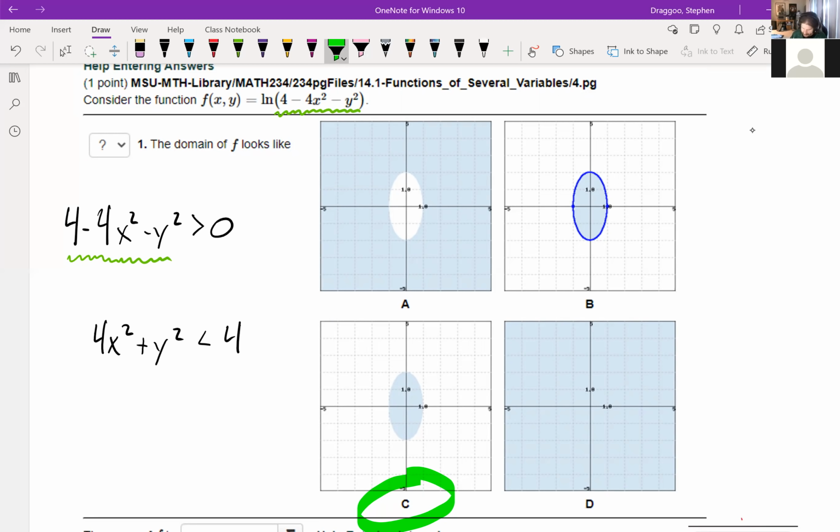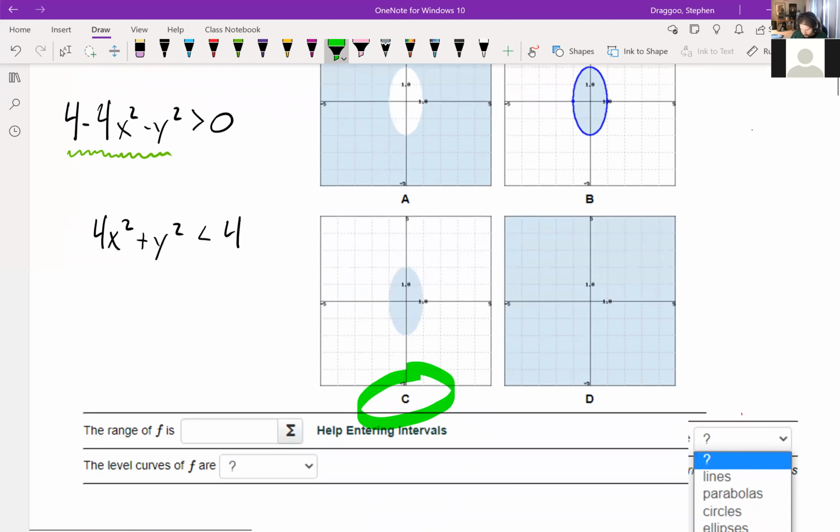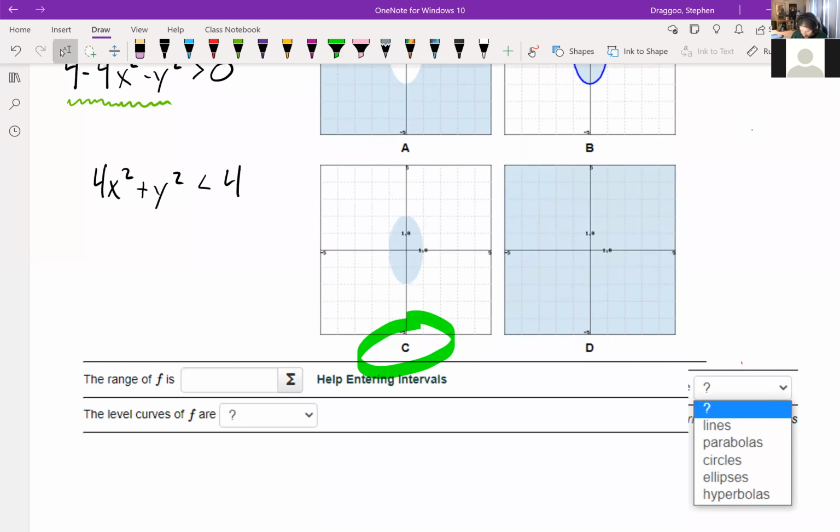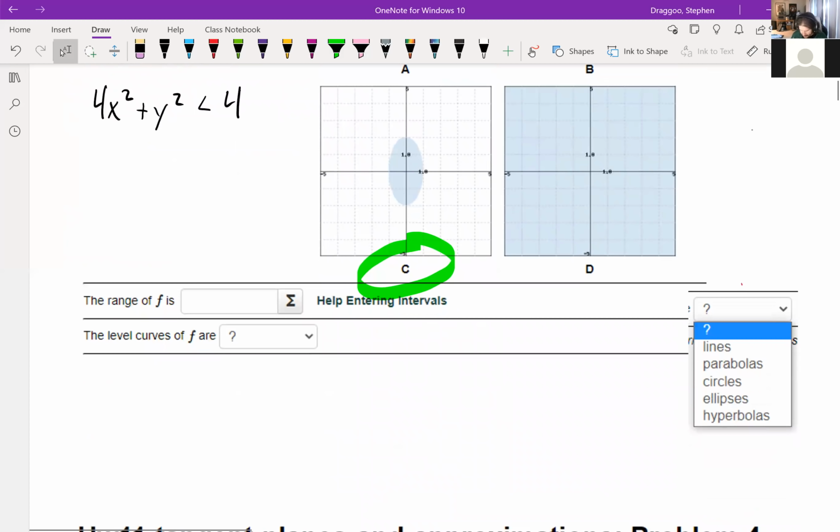If it were a square root instead, then I'd want to include the boundary, so I'd pick B. Right. And then we want to find the range of f and talk about its level curves.